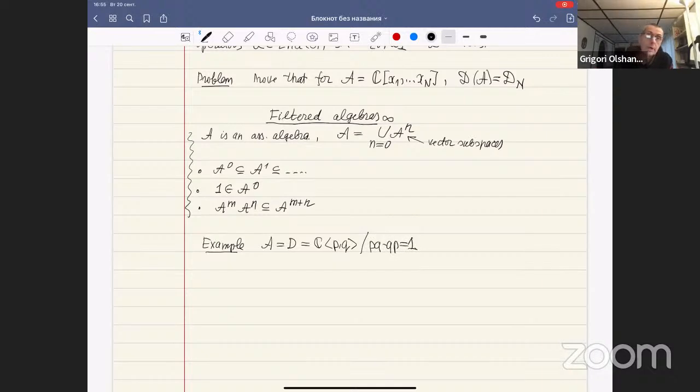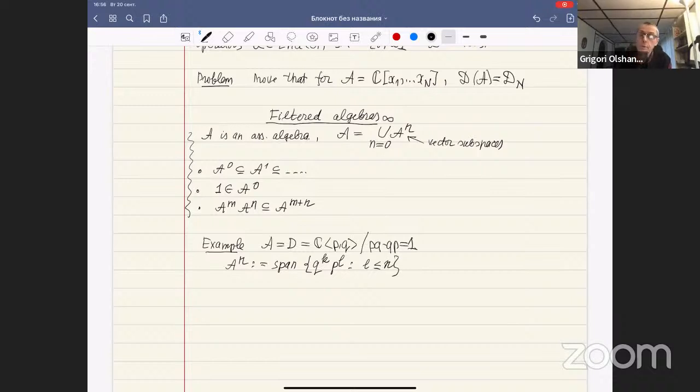And actually, there are different ways to introduce some natural filtrations. One is essentially a degree with respect to the order of differential operators, which means that A sub n is by definition the linear span of the normal monomials such that L is less or equal to n.